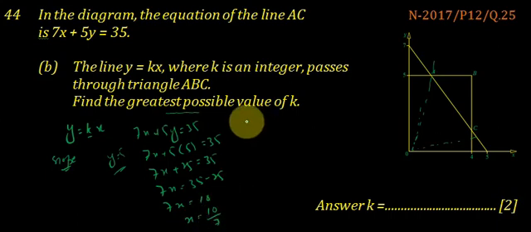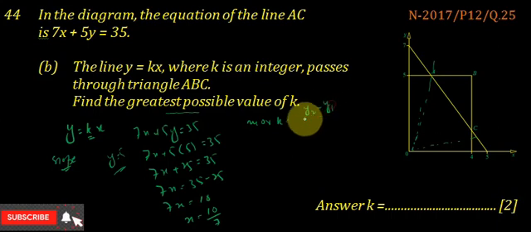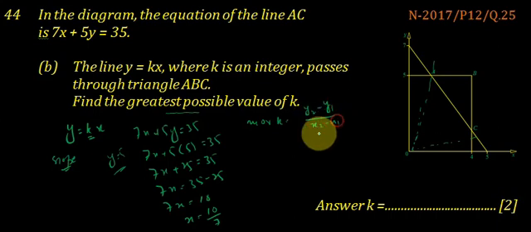Now we have to find the slope m, or here k, because k is the coefficient of x. So slope becomes y2 minus y1 upon x2 minus x1, and because there is no constant term here, the line passes through 0.